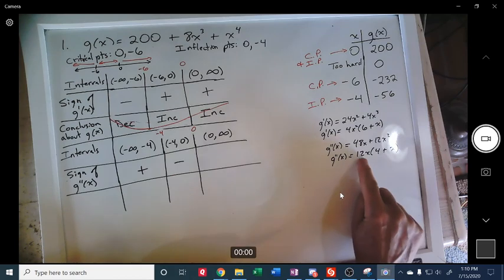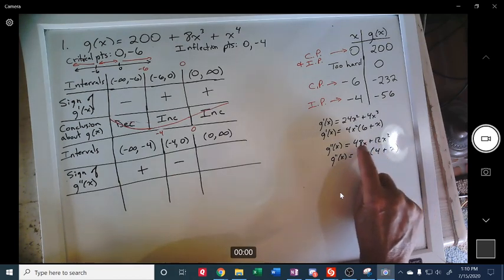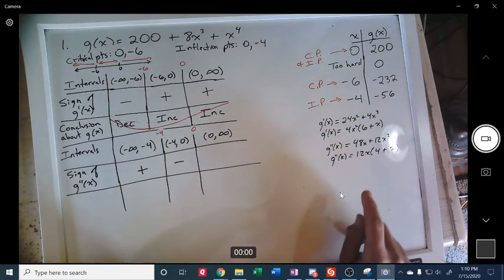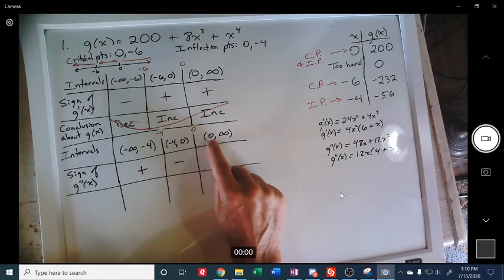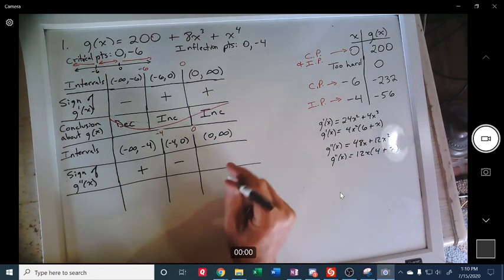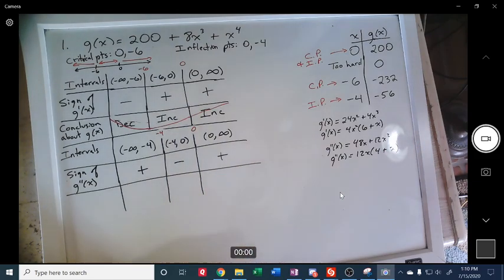It was quicker to plug it in this one than into this one, because with negative 2, I'd have had to actually square it out and so on. And then if I plug in any positive number, like 1,000, well, everything is positive. So it's like this.